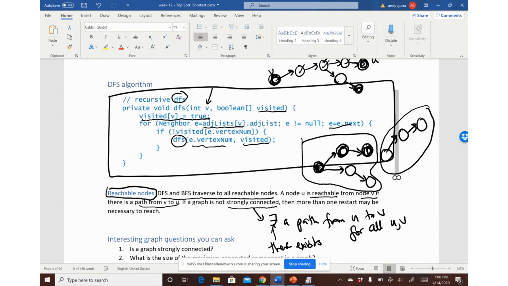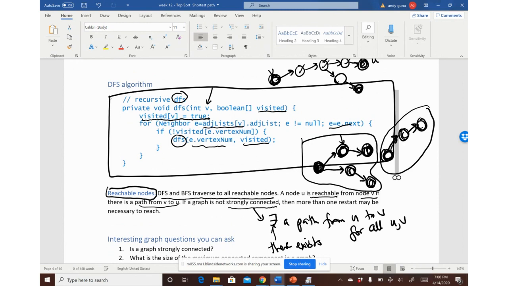So depending on where you start, if you start from here, you won't be able to reach all the components. But if you start from here, you will be able to reach all the components. And then once you finish that, recognizing that you didn't process all the nodes in the graph, you can start from another node that was not considered and then see if you can reach the other nodes.